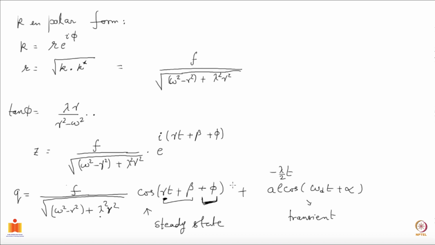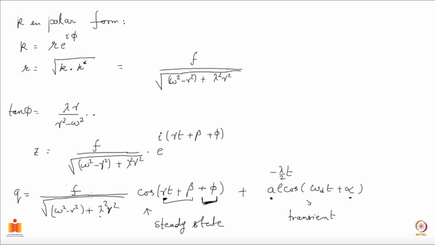Also note that all the parameters that you could have chosen depending on your initial conditions are in here, this and this. A particular solution does not contain those parameters, so there is nothing you can control here by initial conditions. Once you have chosen the external agent, your system which is going to oscillate, and lambda is given, your solution is completely fixed.